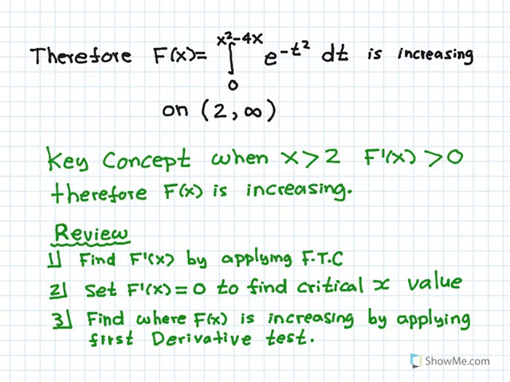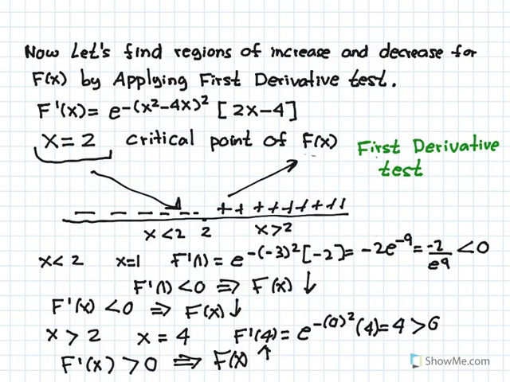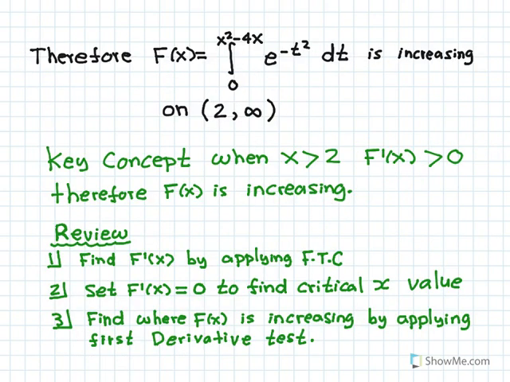All right, so let's do some review. The function capital F of x, the integral from 0 to x squared minus 4x of e to the minus t squared dt, is increasing on the interval 2 to infinity. We saw that on the last page when we did our first derivative test. The key concept is when x is larger than 2, F prime of x is larger than 0, the derivative is positive, which means capital F of x is increasing.